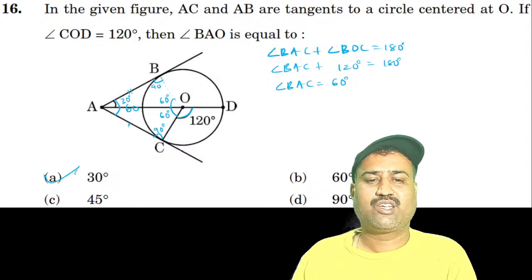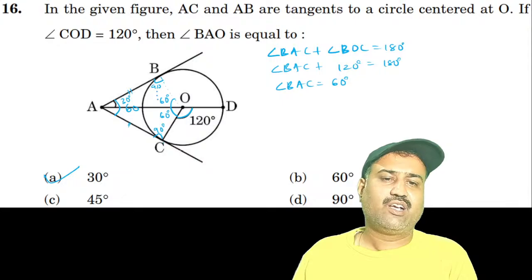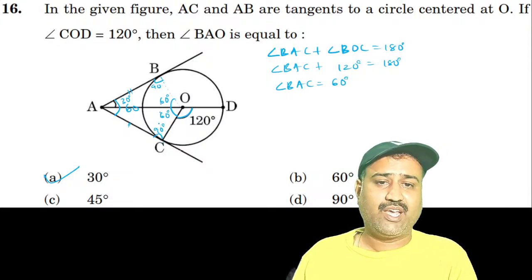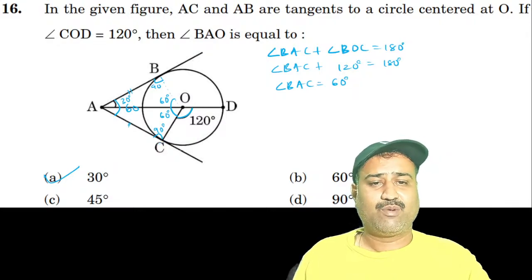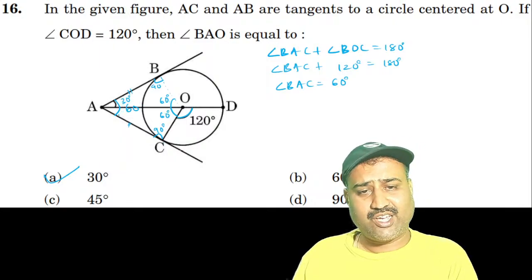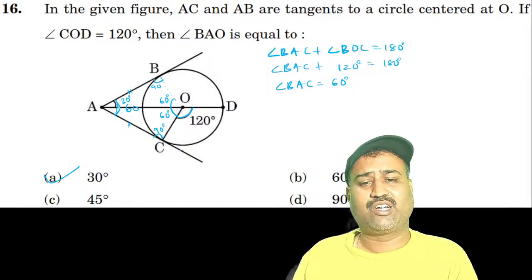Therefore option A. Clear? Remember, BAC and BOC are supplementary, and these two triangles are congruent. Therefore this smaller angle is 30, and this smaller angle is also 30 degrees, right?